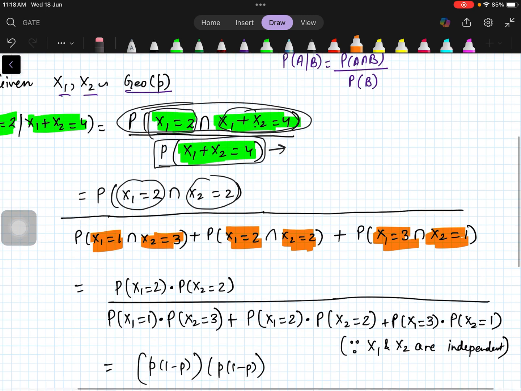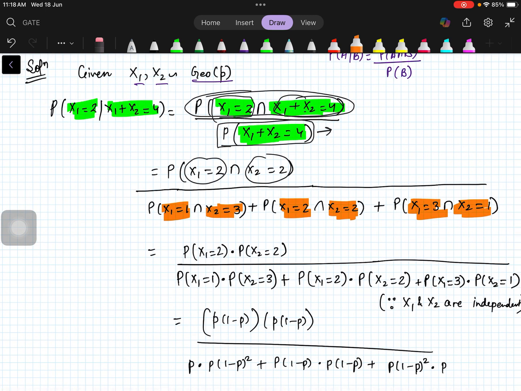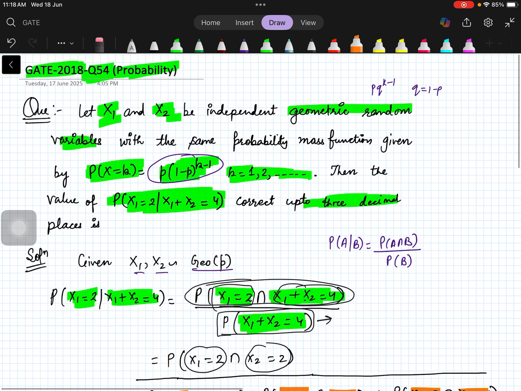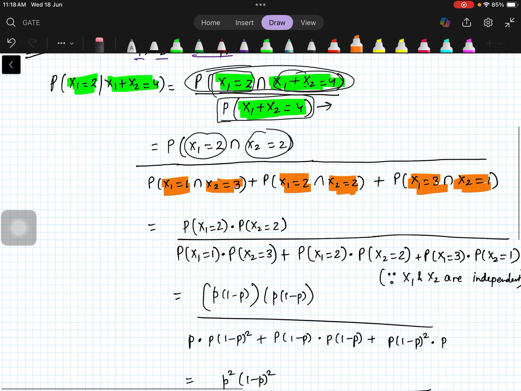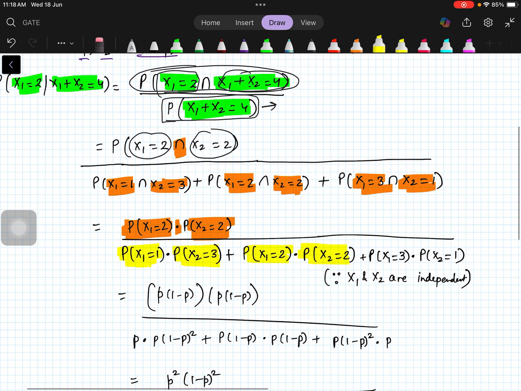Now, because these are independent random variables, we will convert the intersection into multiplication. So, this will be probability of x1 equal to 2 into probability of x2 equal to 2, and similarly here this will be probability of x1 equal to 1 and x2 equal to 3, then x1 equal to 2 and x2 equal to 2, and x1 equal to 3 and x2 equal to 1.